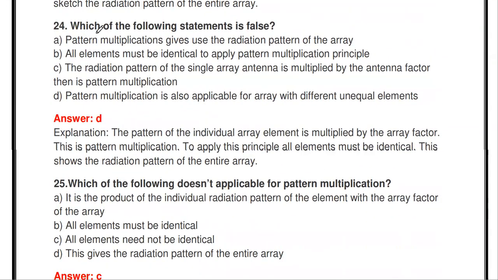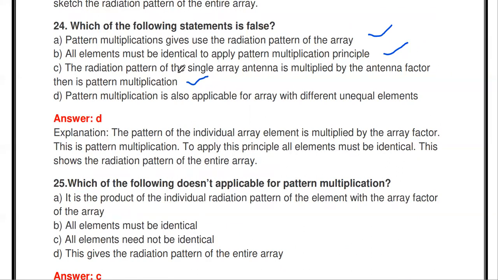That is true. Next one, which of the following statements is false? Pattern multiplication uses the radiation pattern of an array. All elements must be identical to apply the pattern multiplication principle. Yes. The radiation pattern of a single array antenna multiplied by the array factor is the pattern multiplication.